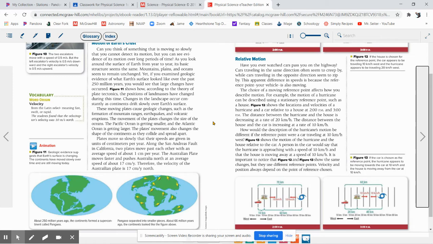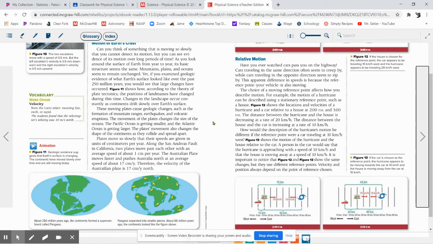But plate tectonics deals with velocity because all of the plates are moving in different directions. They cause changes such as mountains, earthquakes, volcanoes. The Atlantic Ocean is getting bigger, the Pacific Ocean is getting smaller, and it's all because of plate tectonics.